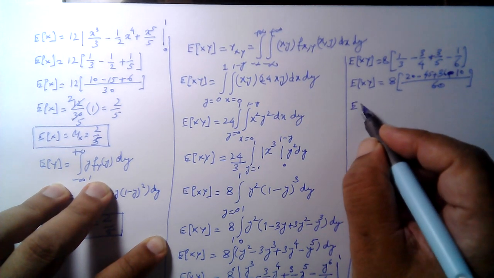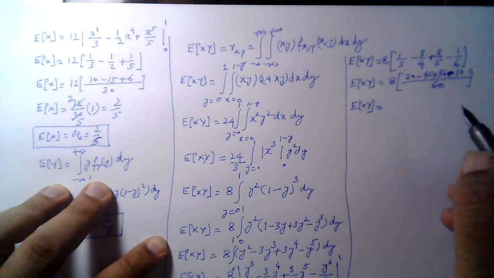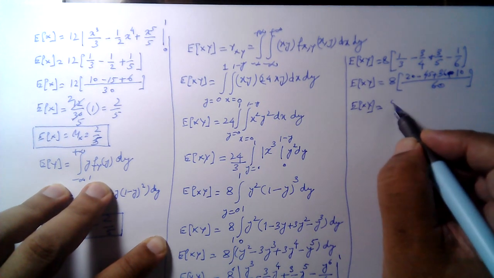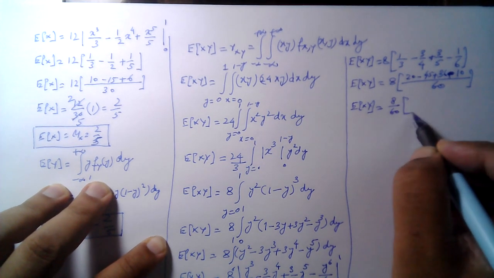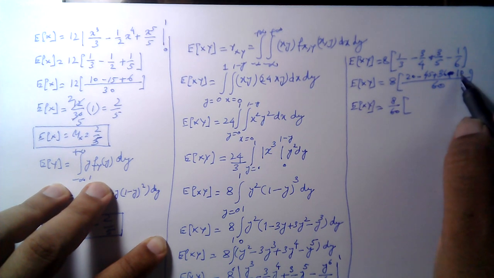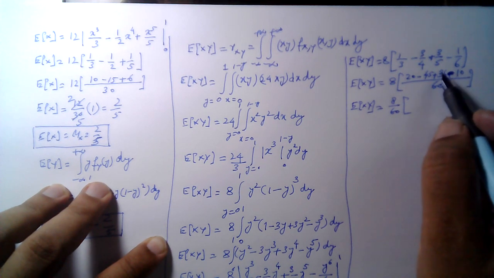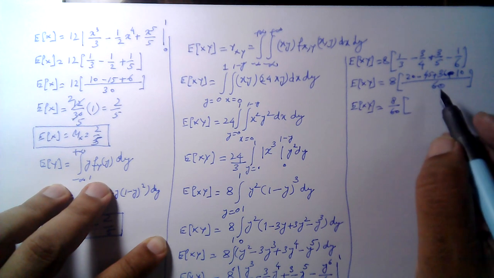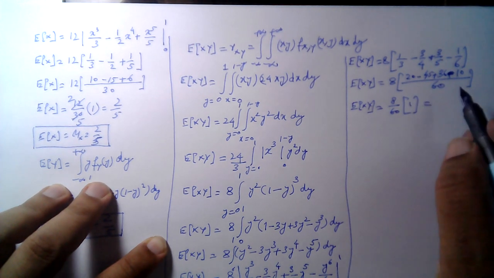So the expected value of xy is 8 over 60 into (20 minus 10 is 10, and 10 plus 36 is 46, 46 minus 45 is 1). So this is 1 here only.